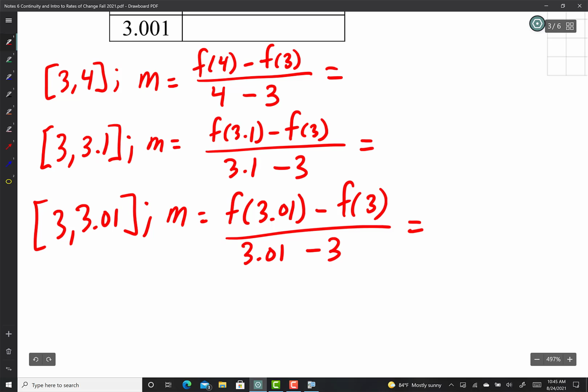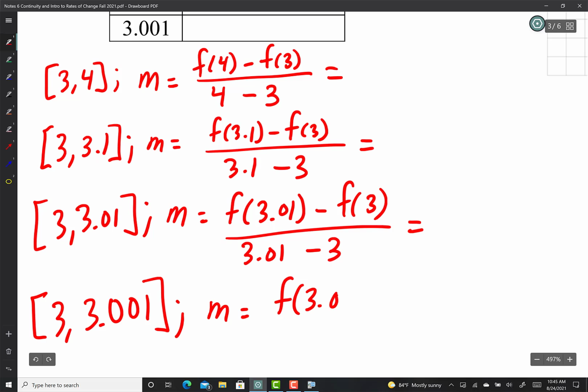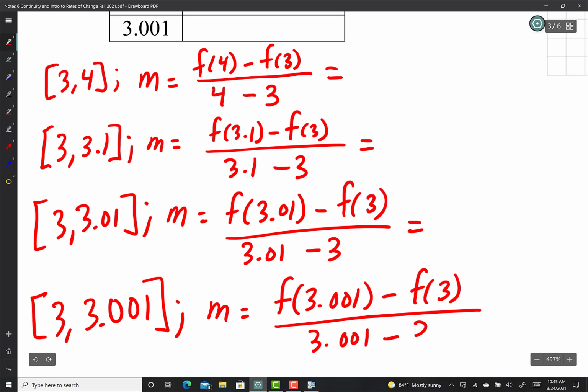And then finally, 3 to 3.001, semicolon, slope is equal to f of 3.001 minus f of 3 over 3.001 minus 3. Everyone know what we did right there? Okay, we're going to get those numbers.